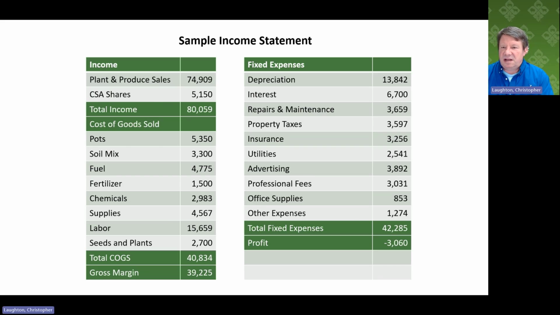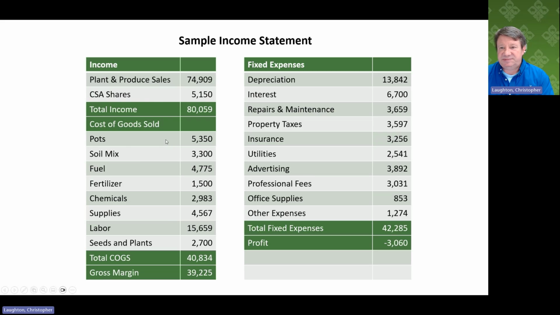So one of the things also to note is that the income statement, the schedule of accounts, it's called, or the line items used, are going to vary substantially by industry sector. So these accounts, pots, soil mix, fertilizer, seeds and plants, all that stuff, that makes sense for a greenhouse.